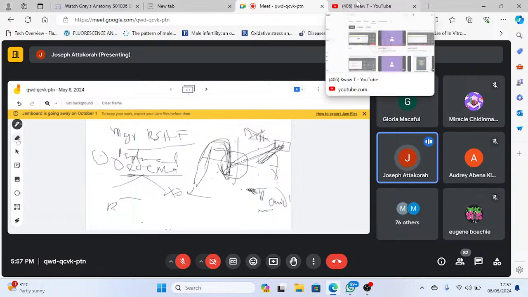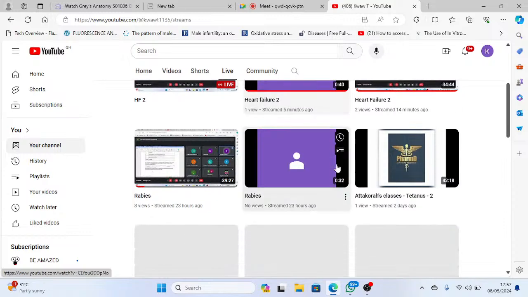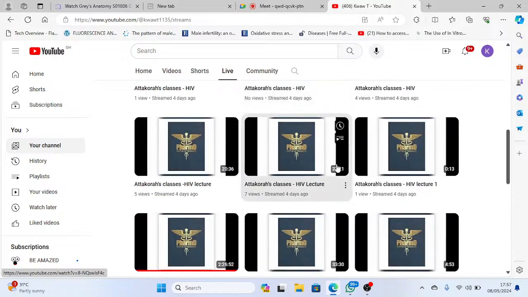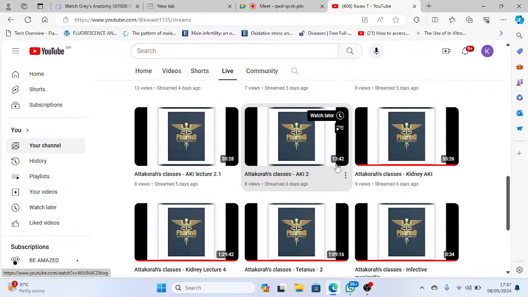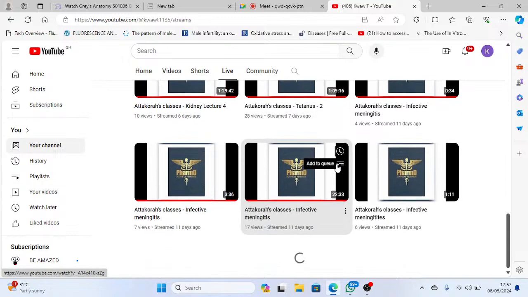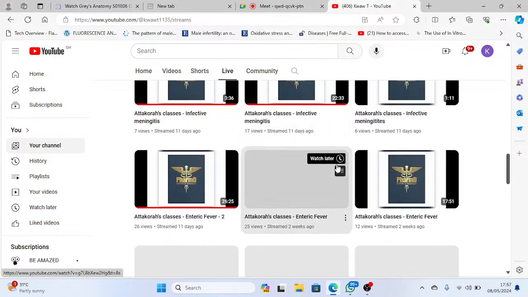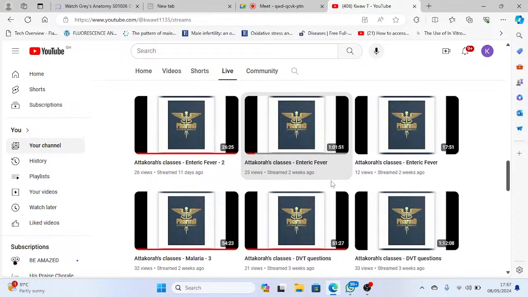Let's move on to the left-sided. So the left-sided failure, this is the left-sided.